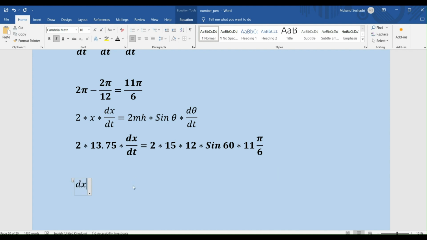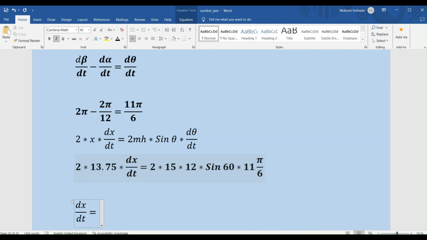So dx by dt equals 2 into 15 is 30. I have sine 60 into 11 pi by 6, which is 5.75, divided by 2 into 13.75.